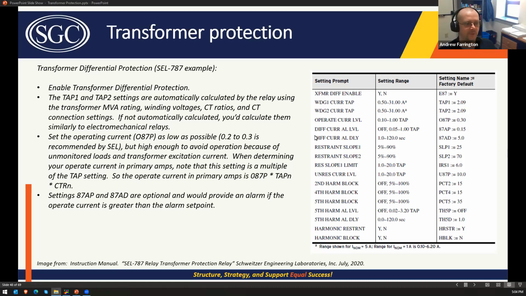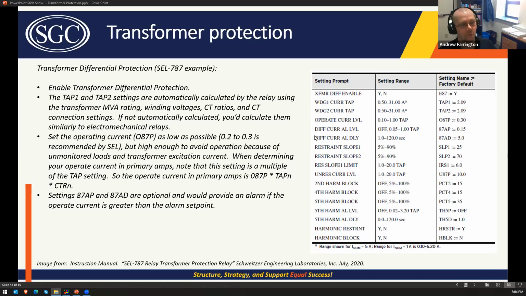Try and see if you can talk to the person that's testing it and ask them to look at the operate quantities on the front panel of the relay, or dial into it if you communicate with it, and figure out what the operate quantity is before they leave, because it should be 0.